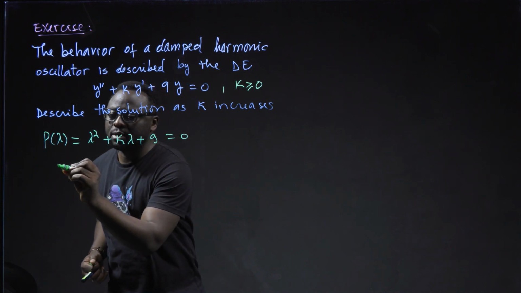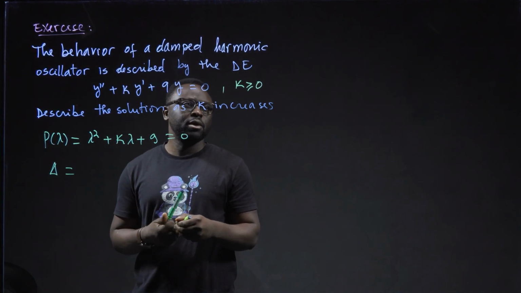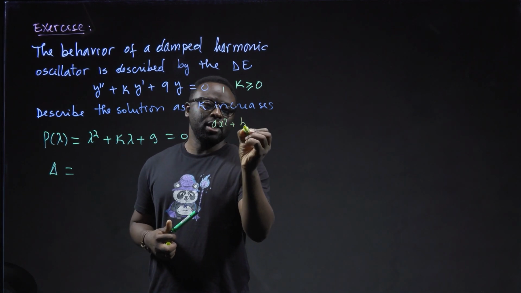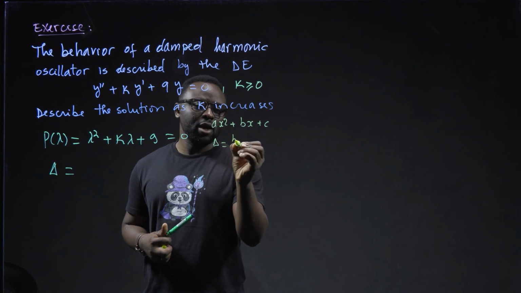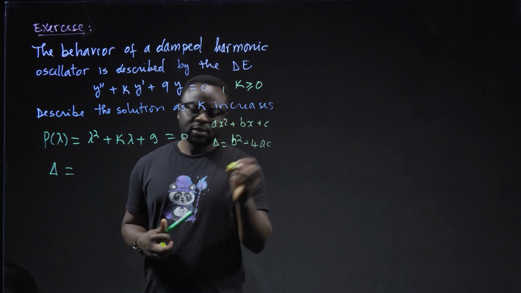Remember, if you have a simple equation like ax squared plus bx plus c, the discriminant is b squared minus 4ac.